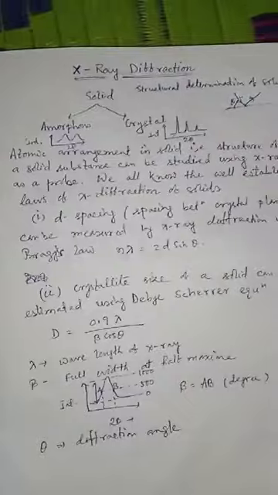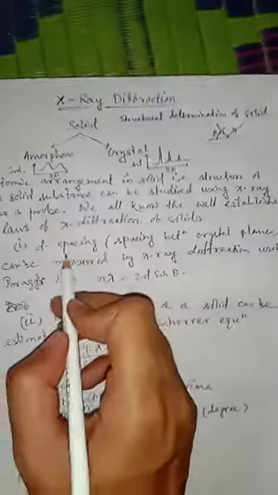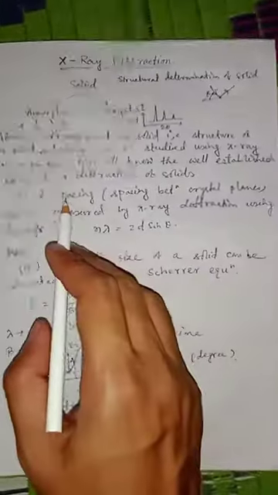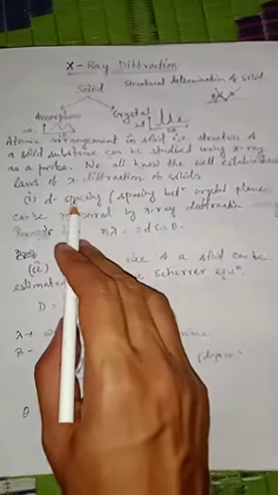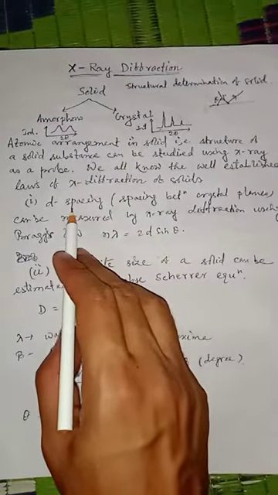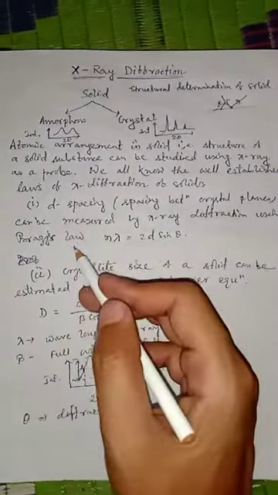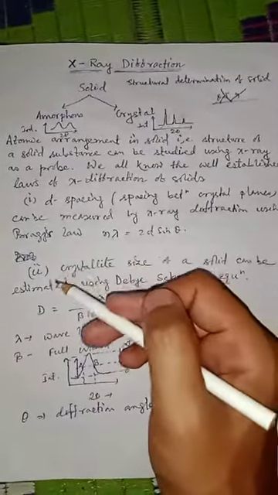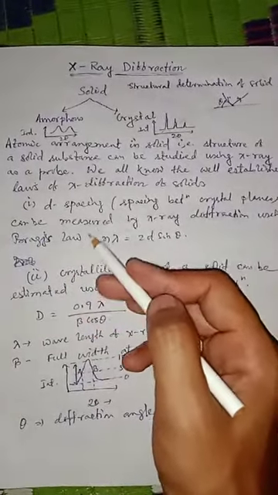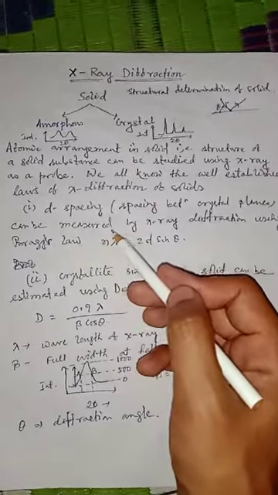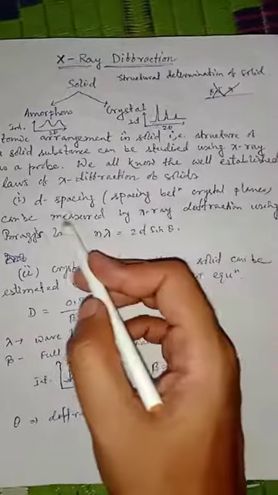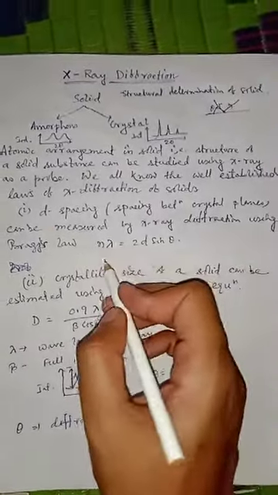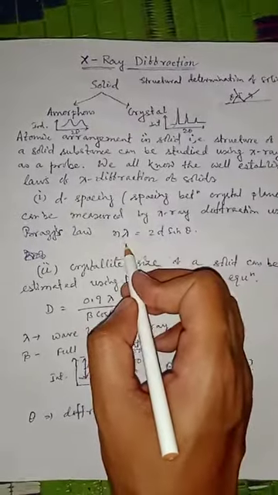From X-ray diffraction one can determine the d spacing, that means the interplanar spacing. The spacing between two atoms or two positions in a unit cell of a solid can be determined using d spacing, and this spacing can be determined by Bragg's law.